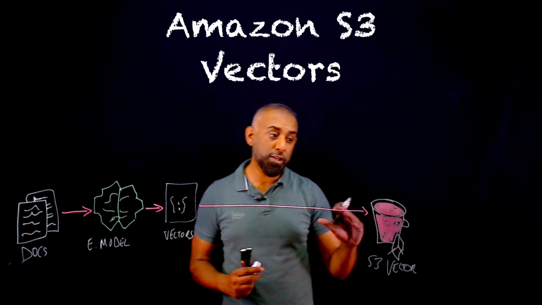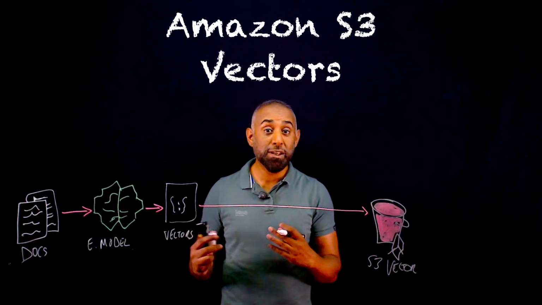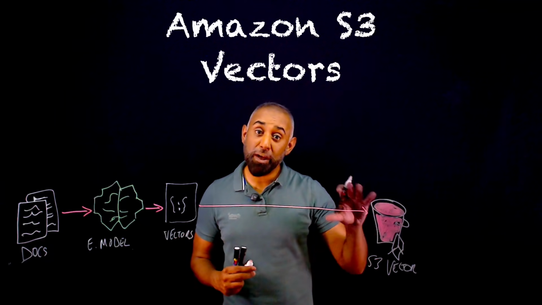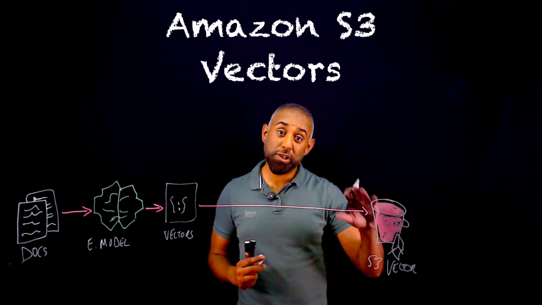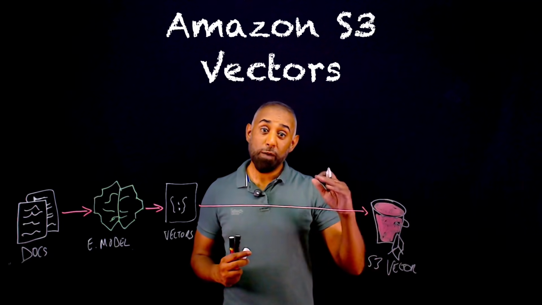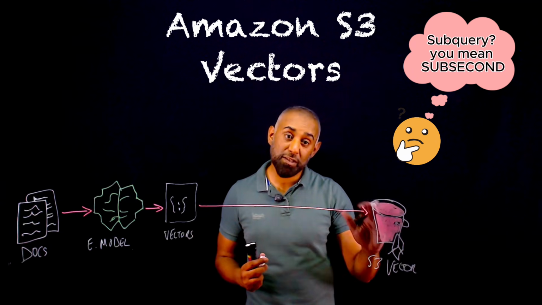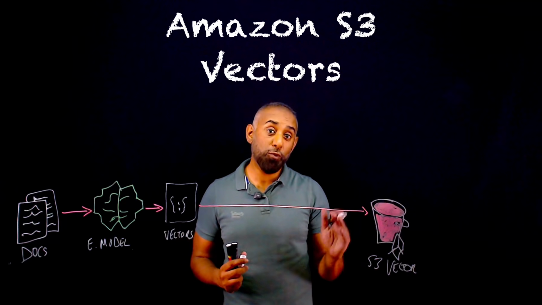That level of cost savings will also bring other use cases into play that may not have been financially or cost effective in terms of viability, but having up to a 90% cost saving for your vectors being stored in Amazon S3 Vectors. And we're talking about subsecond query speeds and so on, so it will be sufficient for many different types of use cases going forward.